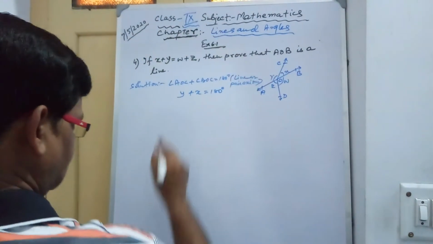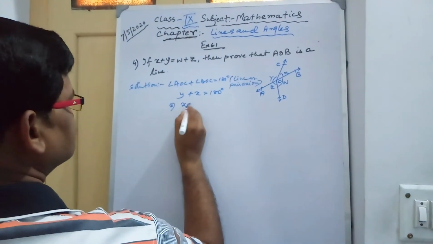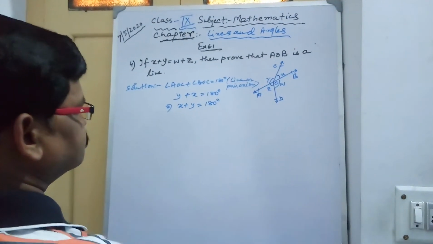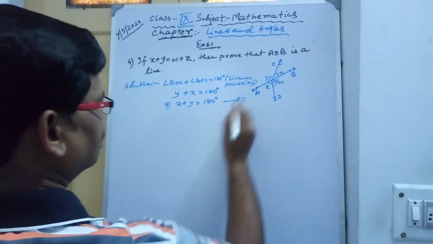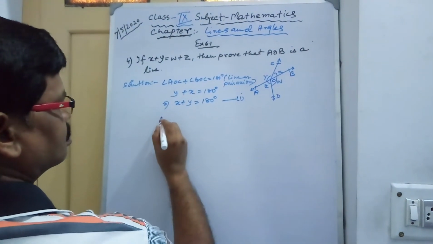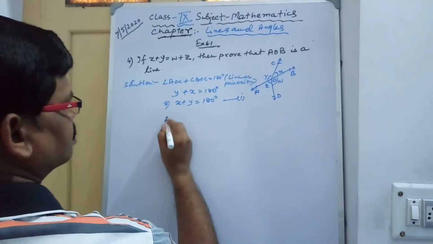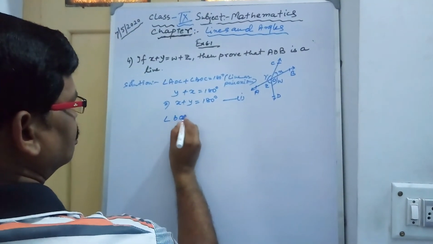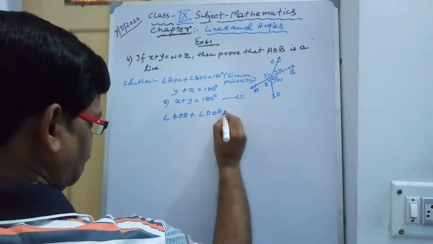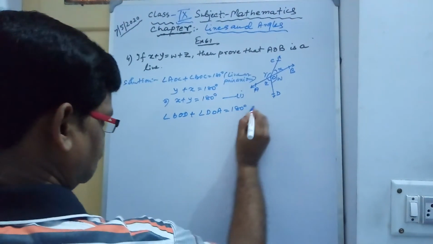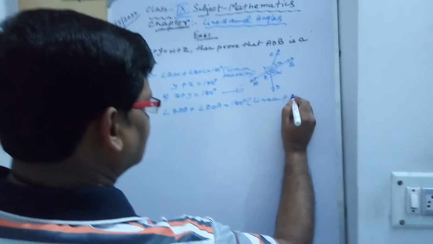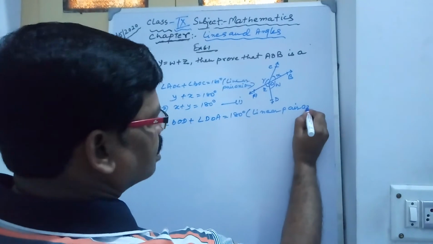According to the figure, x plus y equal to 180 degrees. Take this as 1. Now angle BOD plus angle DOA equal to 180 degrees, linear pair axiom.